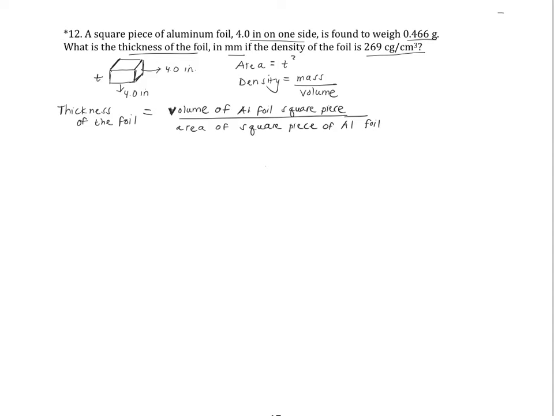So we need to determine the volume of the aluminum foil and the area of the square piece. We can determine the volume by using density and the area using our equation for the square. So our first step is to determine the area of the square piece.